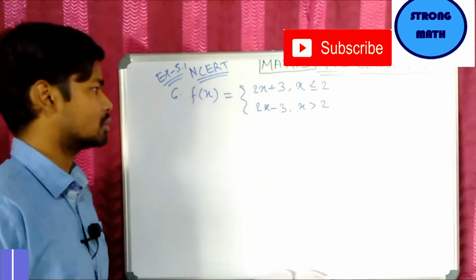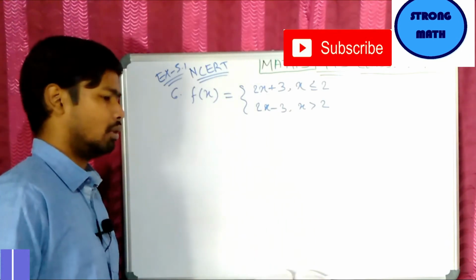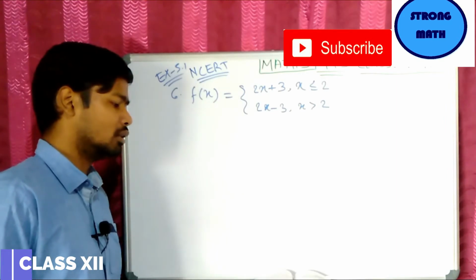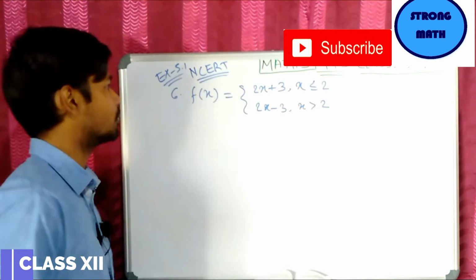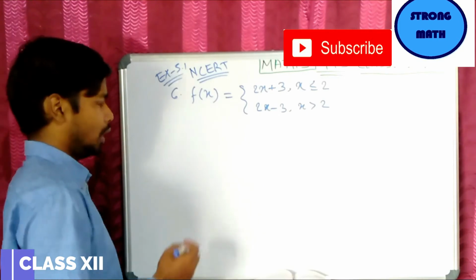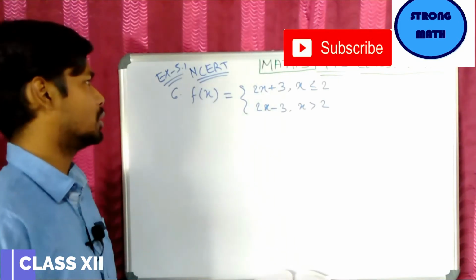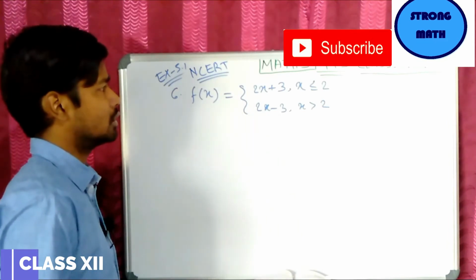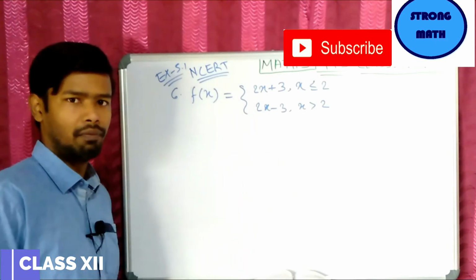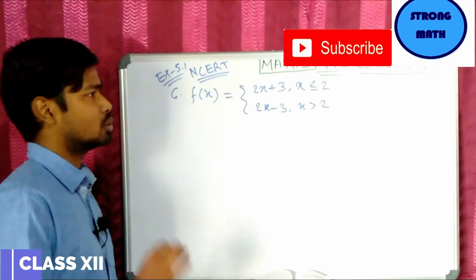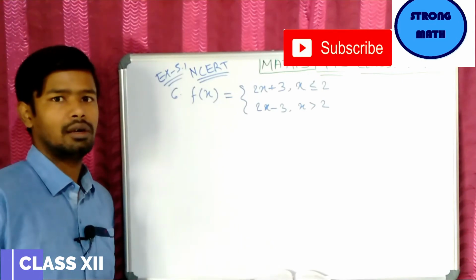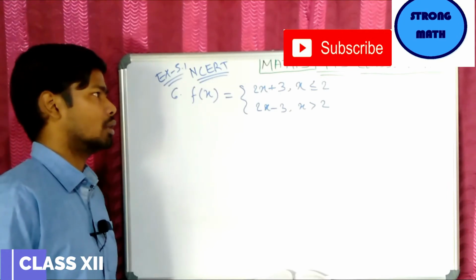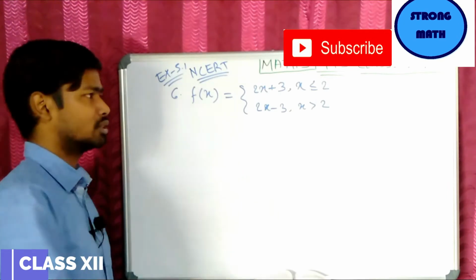In the previous video lecture we have already discussed the problems from 1 up to 5. So we have to find the points of discontinuity for this type of function. Look, this function is a break type function. There is no point given at which we have to find the continuity of this function.